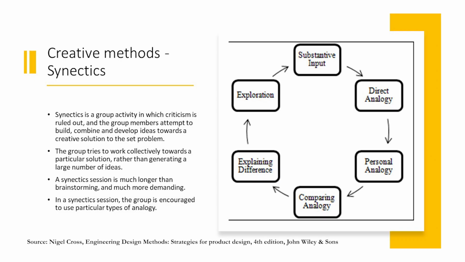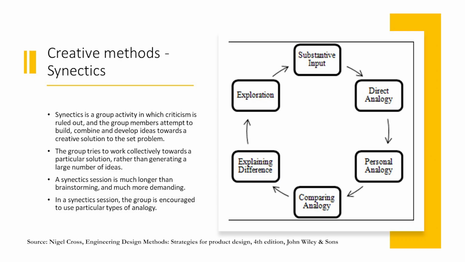And because you are adding A plus B plus C plus D, often you will find that A plus B plus C plus D does not mean anything. Therefore, a synectic session is much longer than brainstorming and much more demanding. Whereas in a brainstorming session, you can just start with, let us say, a whiteboard, place post-it markers, then group them, and by doing that you can come up with solutions.